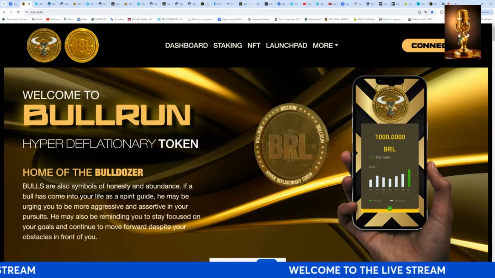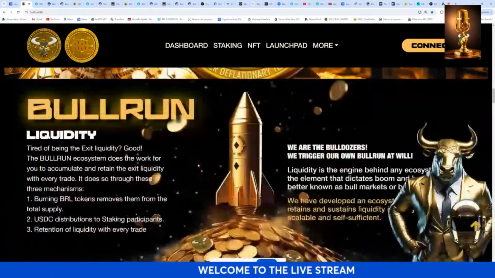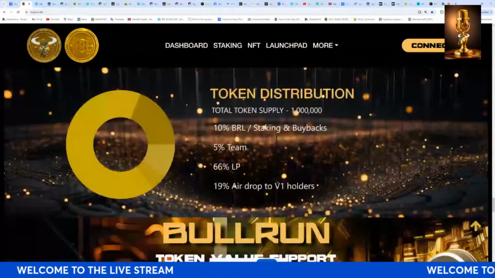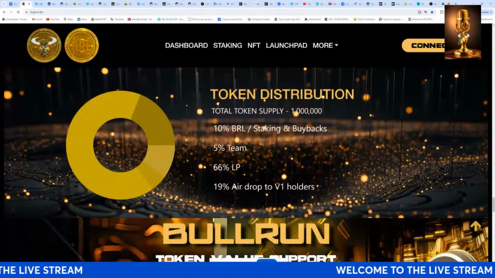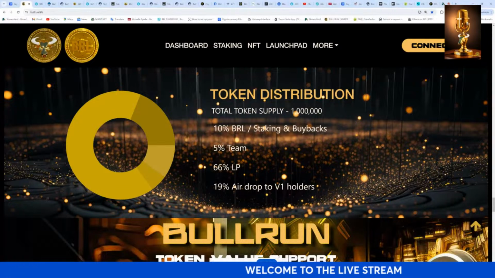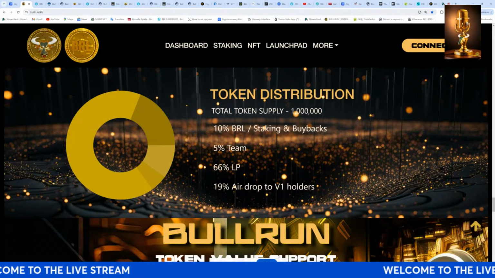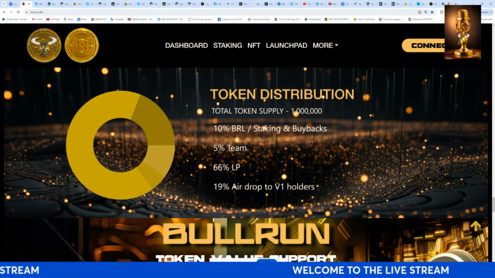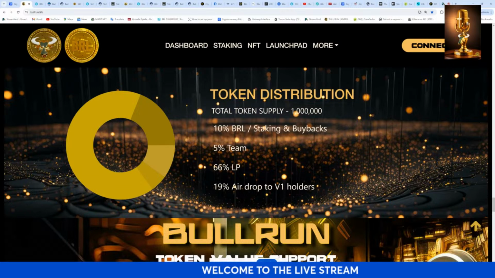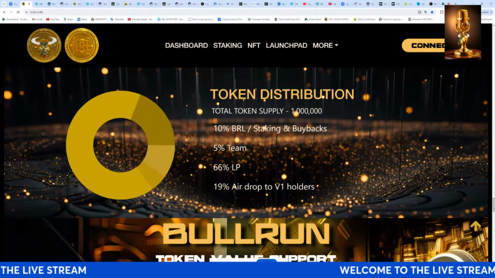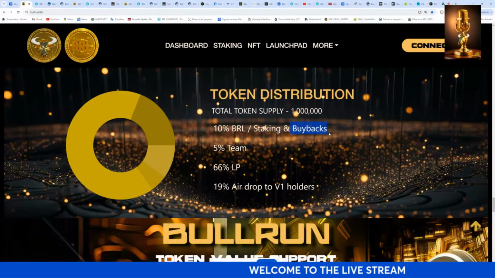And by the way, if we look at Bullrun's token allocation, if you calculate the 66 plus 19 plus the 10, this is 95% that goes towards the community, because this is how we allocated the token. 66 goes to the liquidity pool, 19 from airdrops from V1, and 10% goes towards staking and then buybacks.